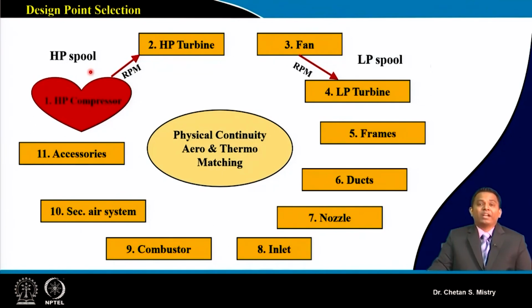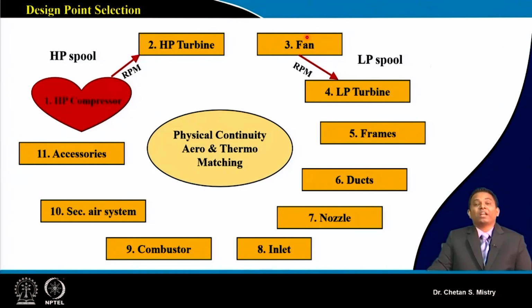Okay. Now the next component is our fan, or we can say our LP compressor or IP compressor. We can call that a booster compressor. Again, there we are looking for matching of our rotational speed. For a particular span, we expect our tip Mach number to be in a certain range in order to have higher efficiency.